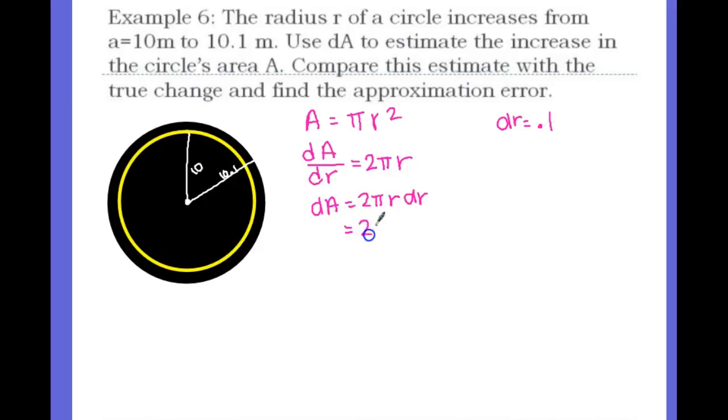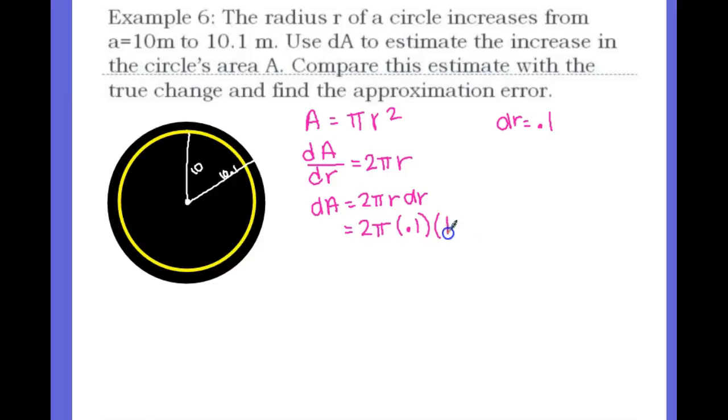So dA would be 2 pi times 0.1. What's my r? Am I plugging in 10? When you plugged in the other values, did I plug in the original or did I plug in what I was trying to find? Plugged in the original.